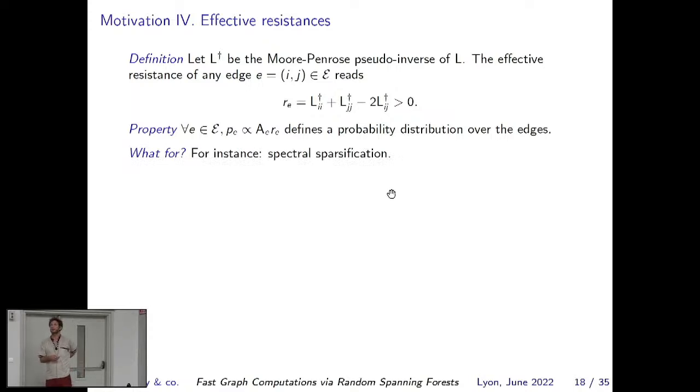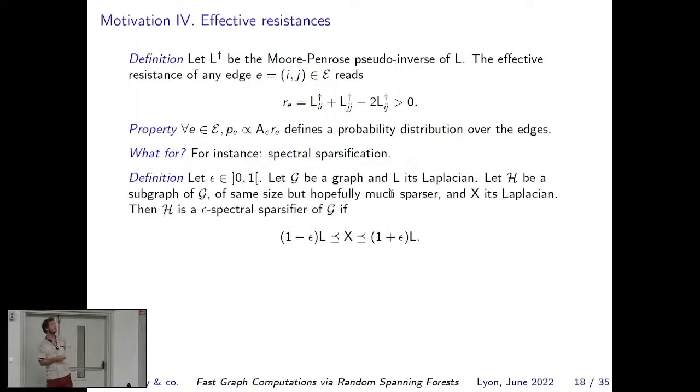For instance, for spectral sparsification, and after this comes a beautiful theorem just after the definition. So I have a graph G and L is its Laplacian and H is a subgraph of G. Okay, so it's a sampling, a subset of edges of G, but hopefully much sparser.